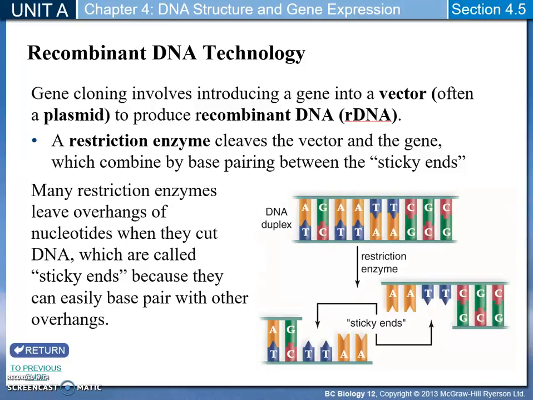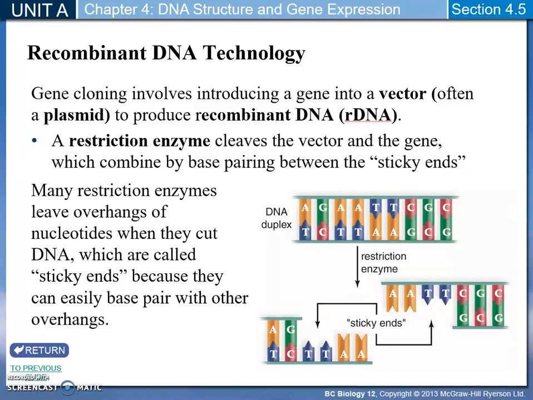So gene cloning involves introducing a gene into what's referred to as a vector, often a plasmid, to produce recombinant DNA, also simply referred to as rDNA. A restriction enzyme cleaves the vector and the gene, which combine by base pairing between what are referred to as the sticky ends.